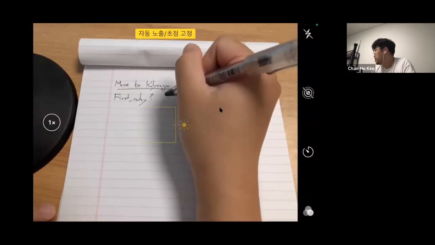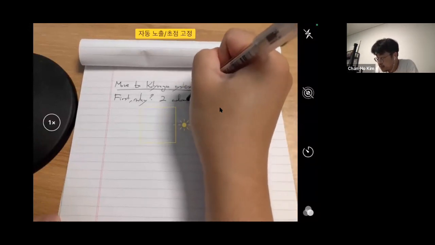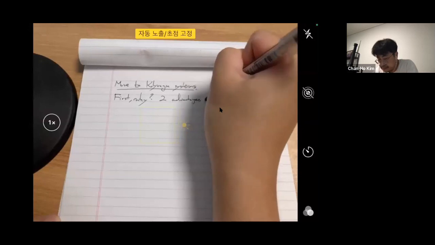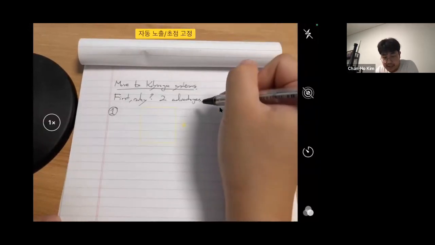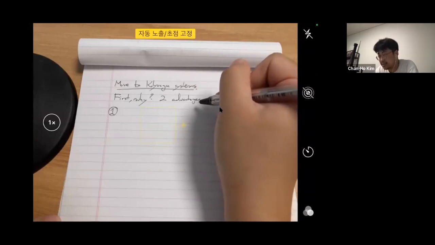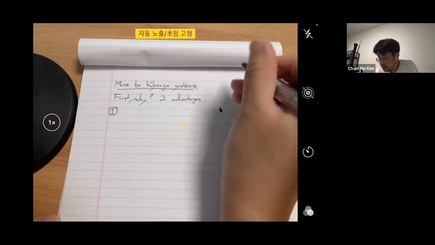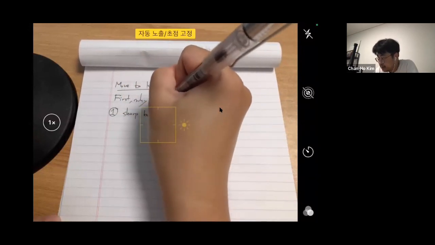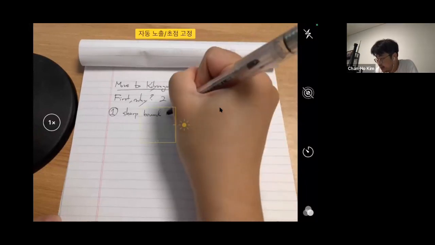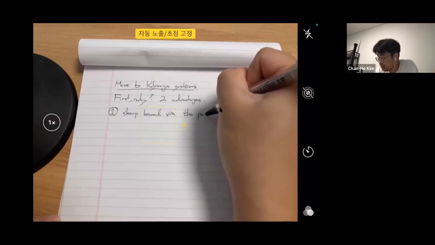I said once there are two advantages. First, we may not just have a bound, but we may be able to detect the equality. So a sharp bound can be detected via the so-called primitivity of the Kolyvagin system.